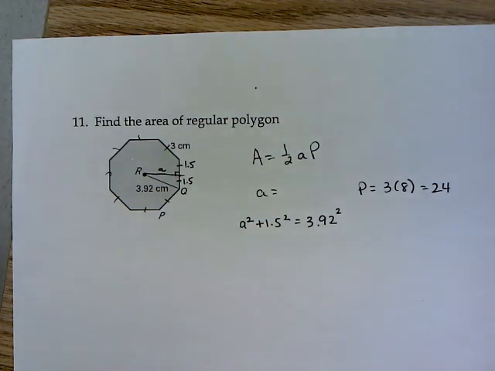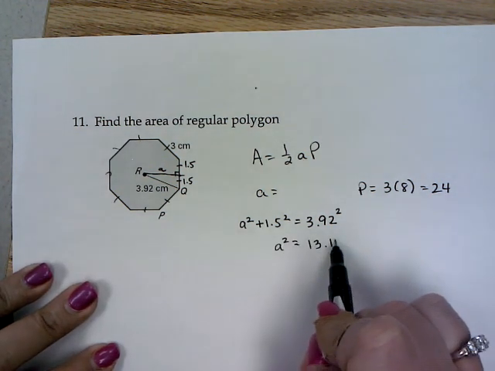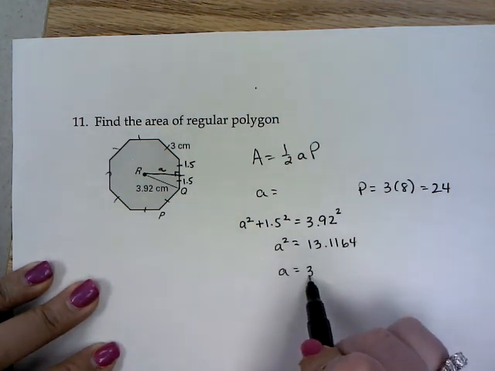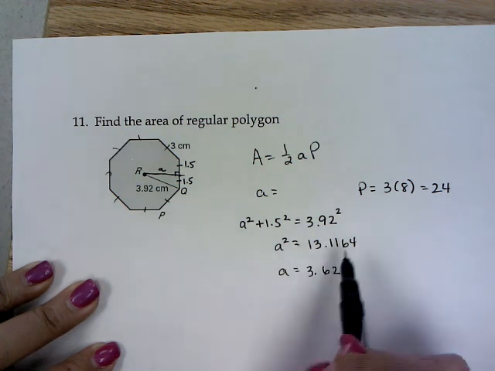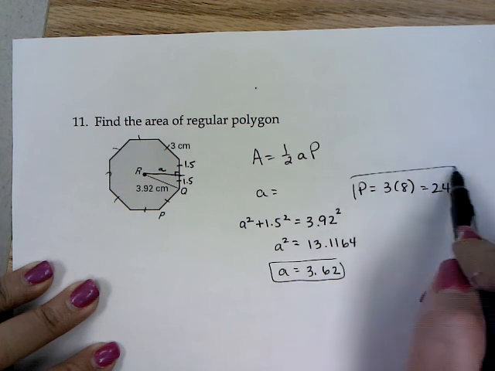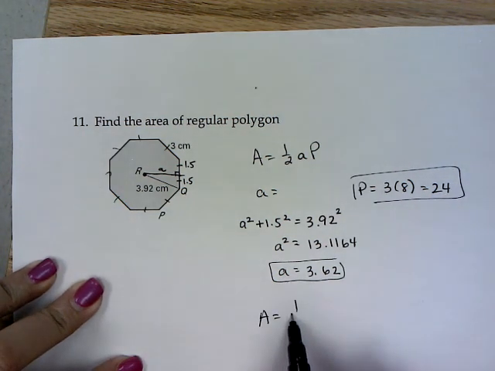So I have 3.92 squared minus 1.5 squared, and I get my apothem squared is 13.1164. Now I'm going to take that square root. So my apothem is 3.62. My perimeter is 24. Now I just plug them into the correct formula.